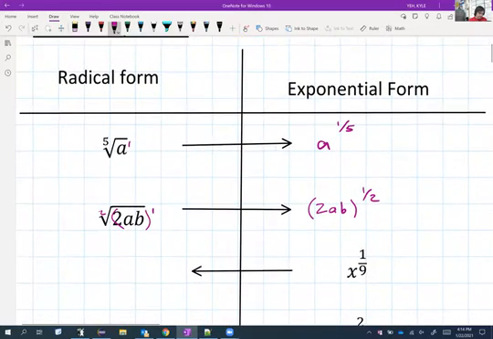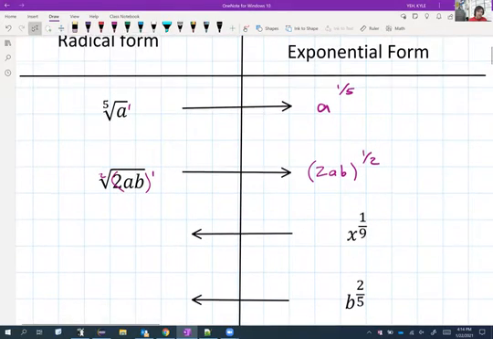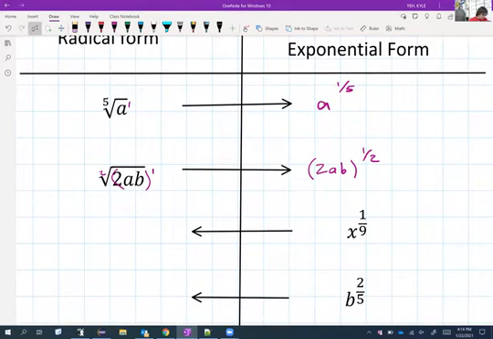Let's try going the other way. X to the 1/9 power, well, the denominator was 9, so I know I'm taking the 9th root of x to the first. And do I really need this 1? No, I'll probably just write the 9th root of x. Similarly, how about the 5th root of b squared, if we're putting that one in radical form?